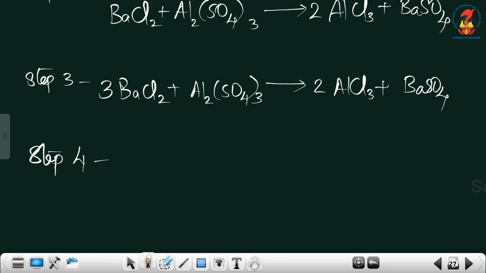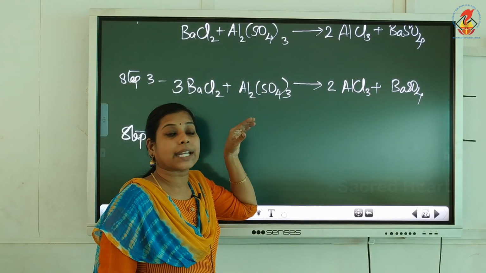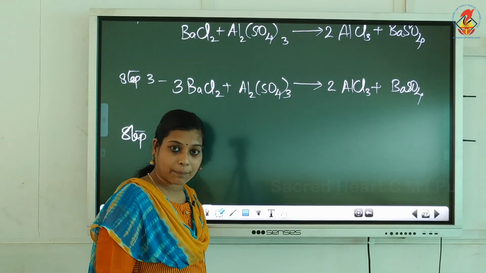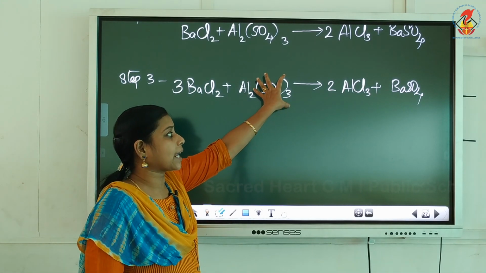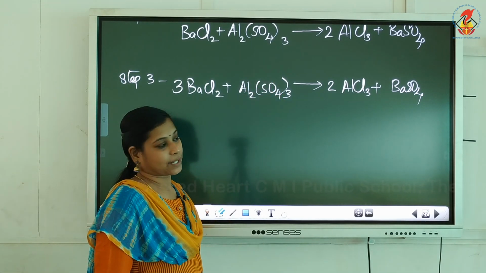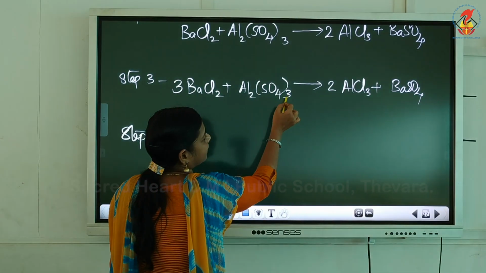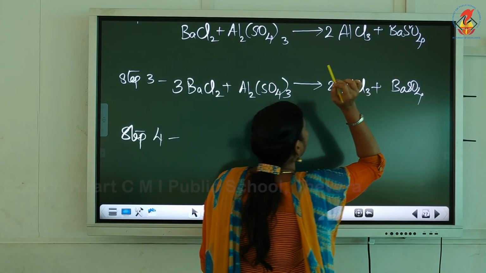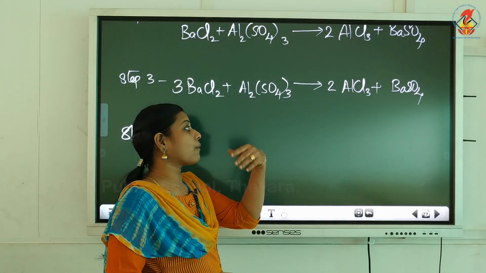Though we have written the different elements in the table, if we take this radical together, it will be easy for us to analyze. Here SO4 is 3, but here SO4 is only 1.